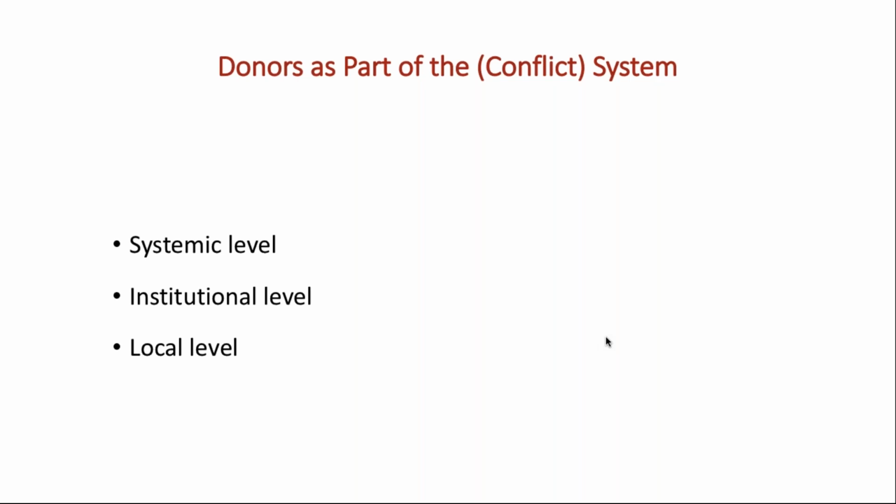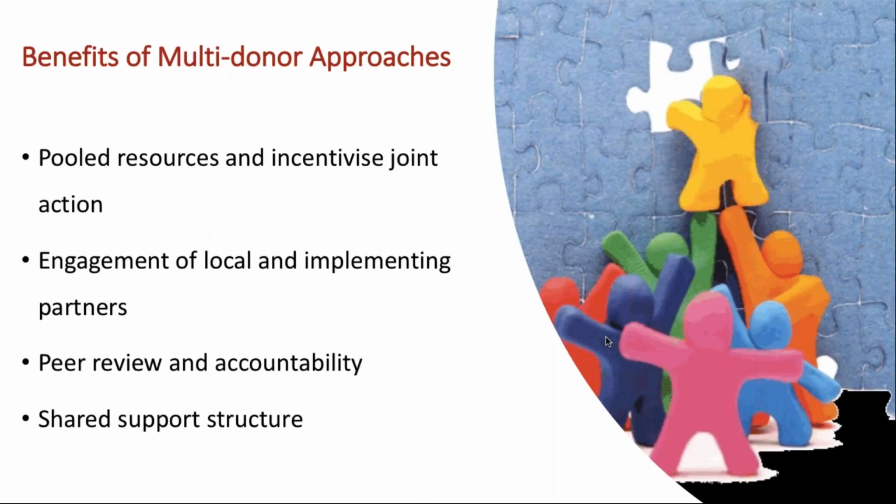At the more local, micro level, aid programs could be legitimizing claims by any particular group over land, power, or resources. So it's not possible to look at conflict sensitivity without looking at the role and the potential for donors to impact conflict dynamics.